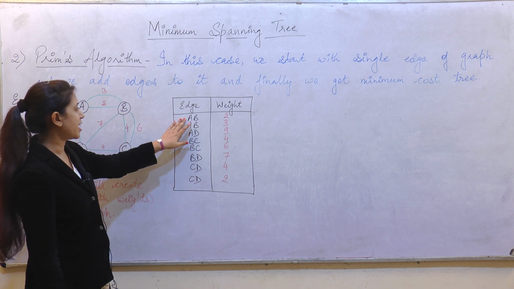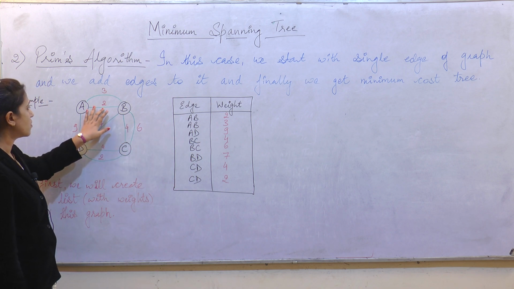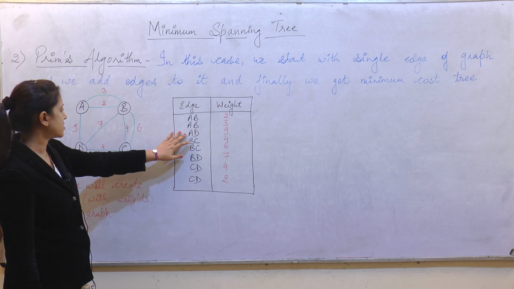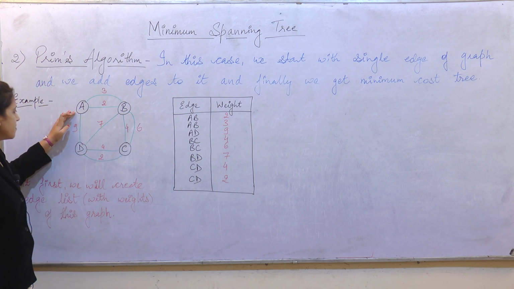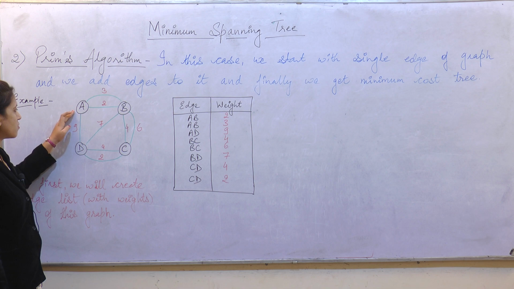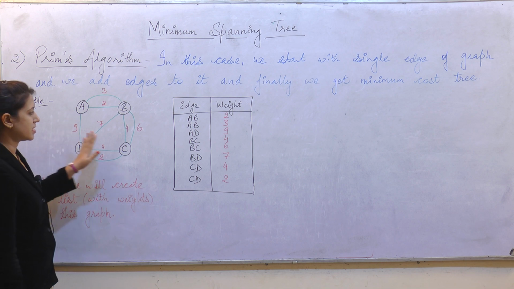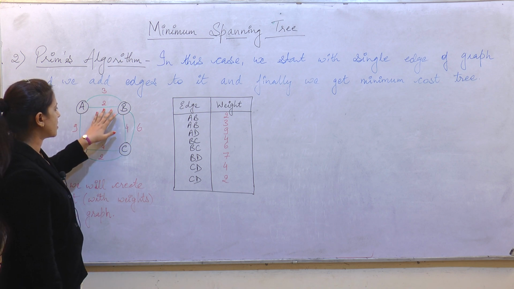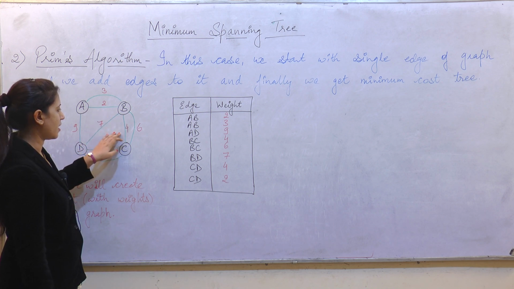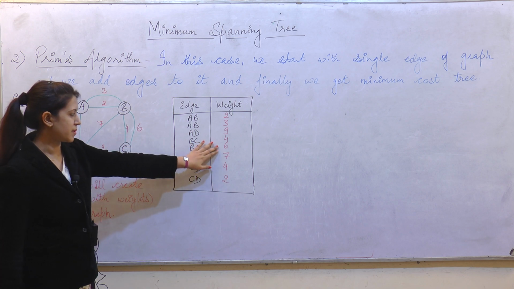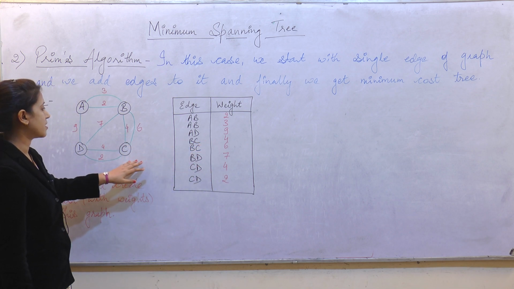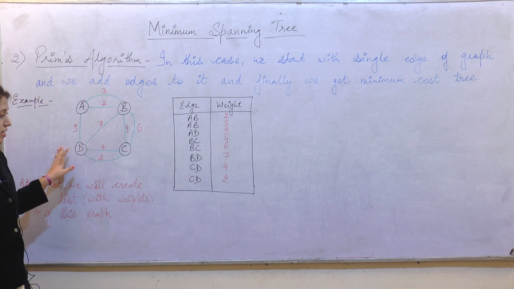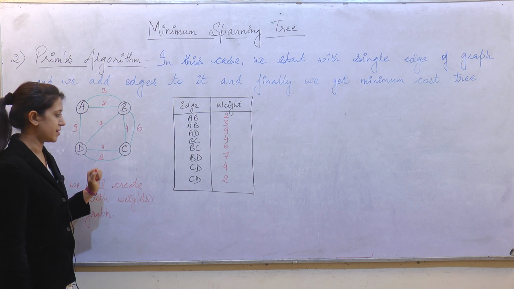So here edge AB has weights 2 and 3. Similarly, next comes the edge AD, which is connecting nodes A and D and its weight is 9. The next edge, connecting nodes B and C, has weights 4 and 6 respectively. Then comes the edge connecting B to D, which has weight 7.